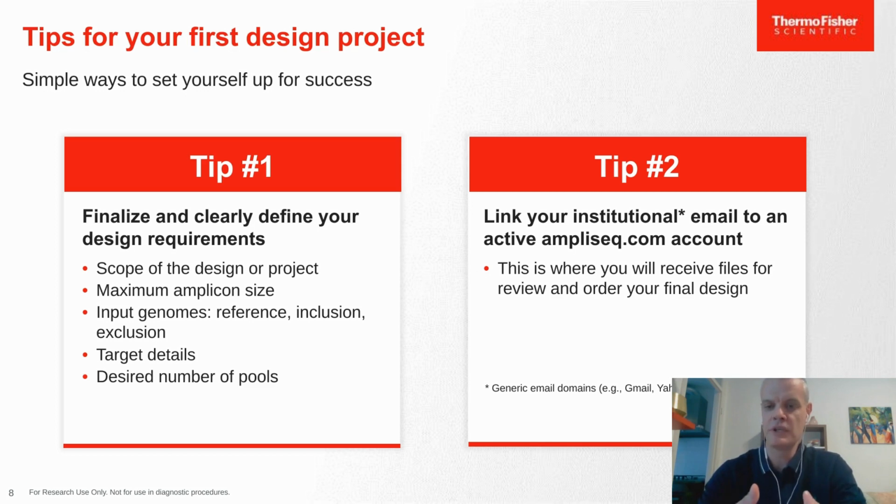Tip number 2 is link your institutional email address to an active AmpliSeq.com account. By institutional, I mean nothing like the commercial third-party generalistic email domain like Gmail, Yahoo, or you name it.